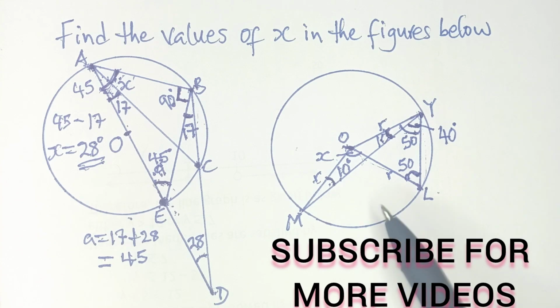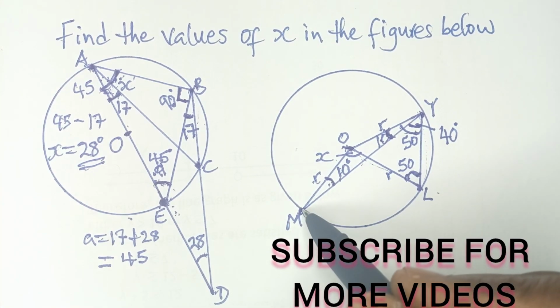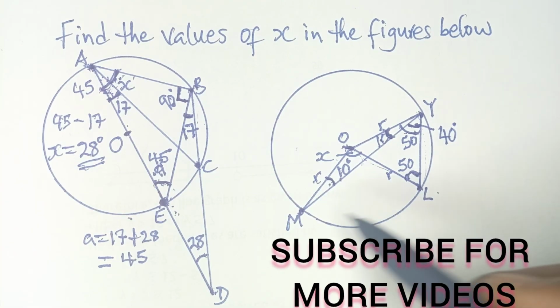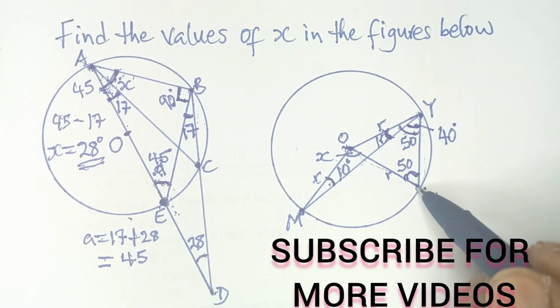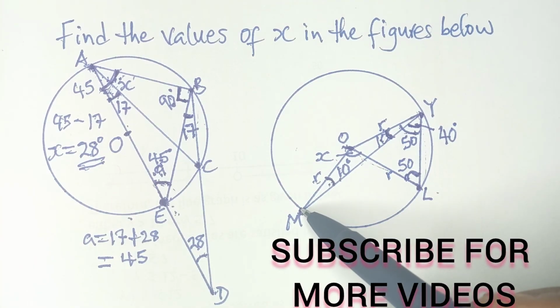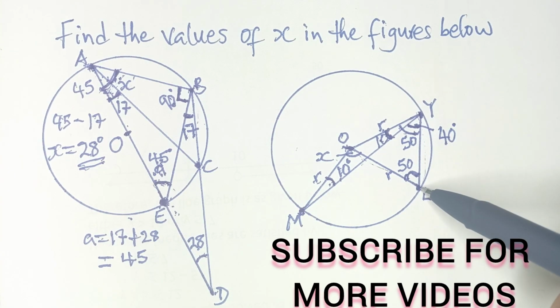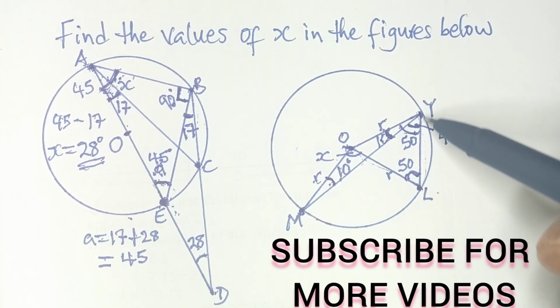Now, if you look at this point, let's use point M and also point L. Point M and point L. From point M, you have a line that goes to the circumference, and you have another line from L to the circumference to form this 40 degrees that we just obtained.